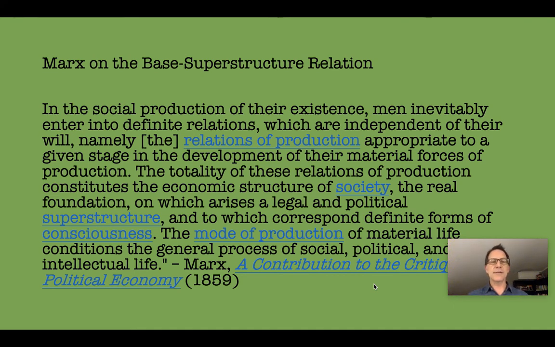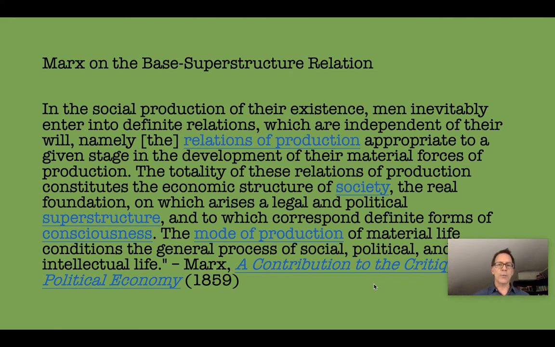So Marx says in A Contribution to the Critique of Political Economy, in the social production of their existence, men inevitably enter into definite relations which are independent of their will, namely the relations of production, appropriate to a given stage in the development of their material forces of production.